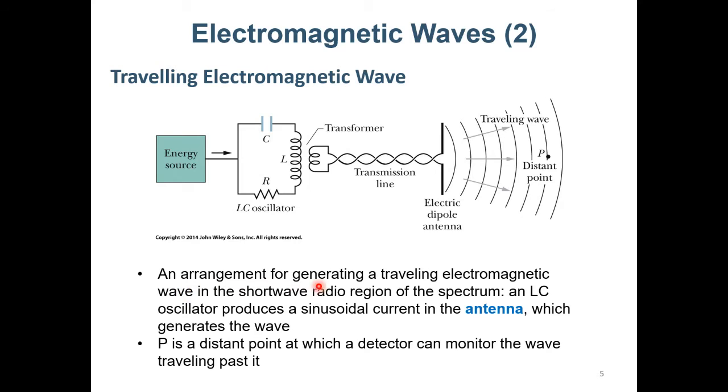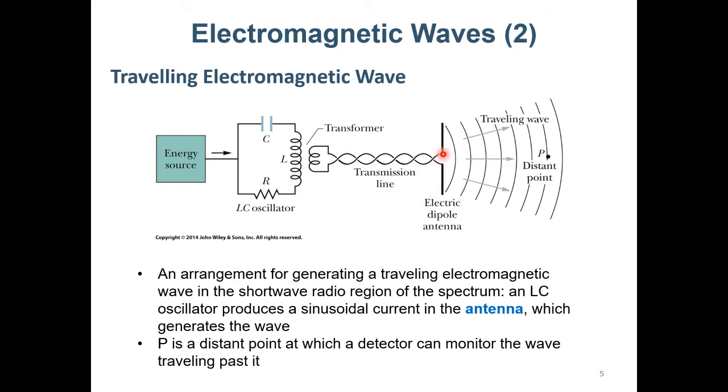An arrangement for generating a traveling EM wave in the short wave radio region of the spectrum: an LC oscillator produces a sinusoidal current in the antenna, which generates the wave. So in the secondary loop, it will generate the EM wave. This is like an antenna, an electric dipole antenna.